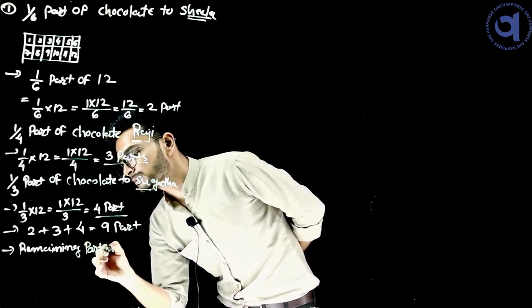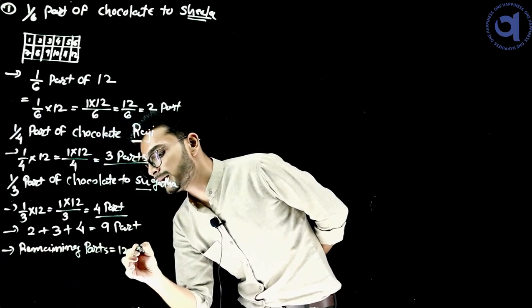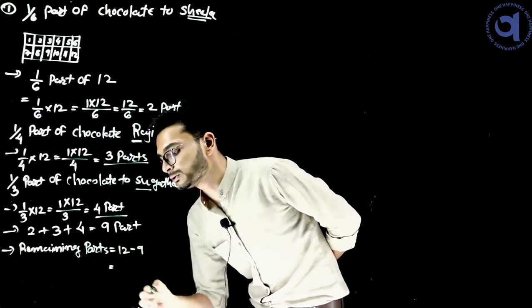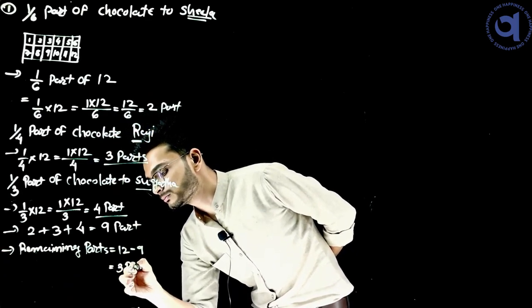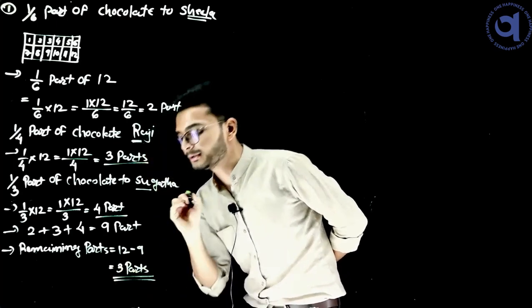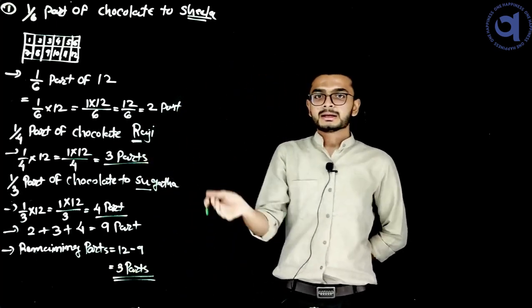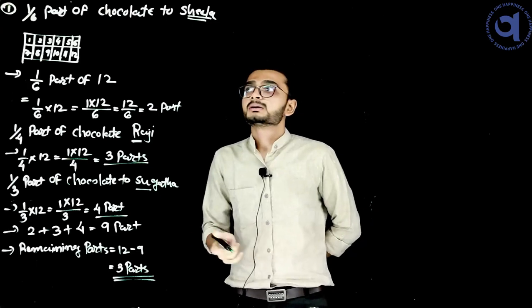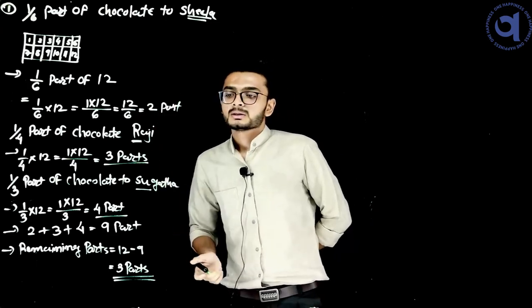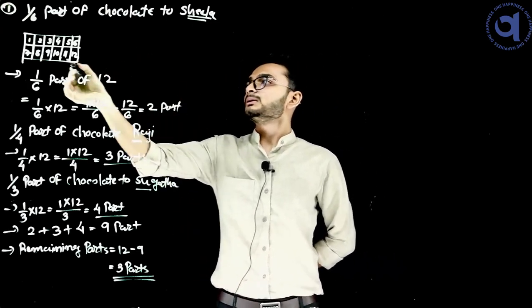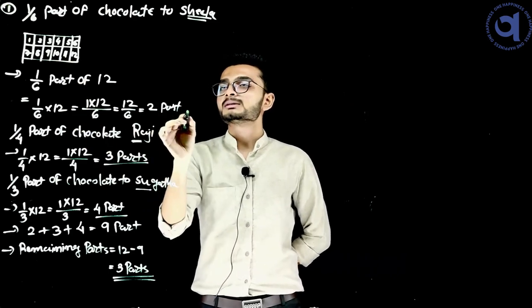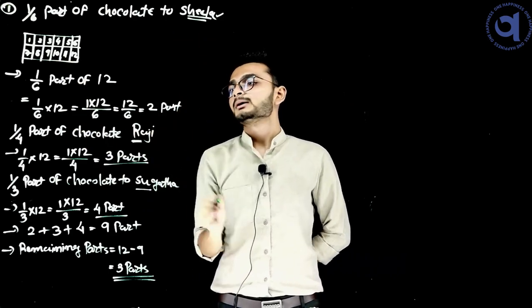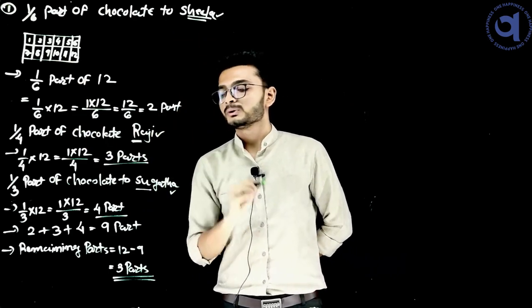Remaining parts is equal to 12 minus 9, which is equal to 3 parts. Clear? So this is the calculation of how she can divide this chocolate among her 3 friends, Sheila, Raji and Sugatha.